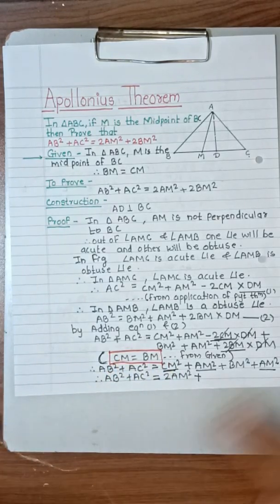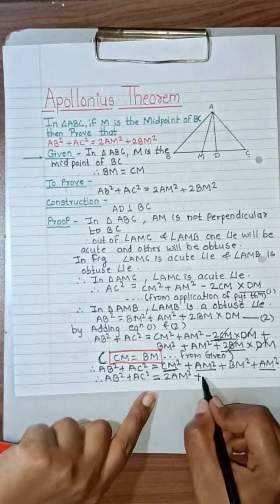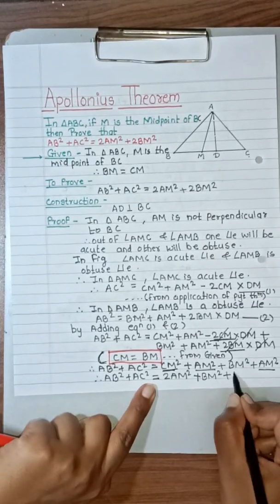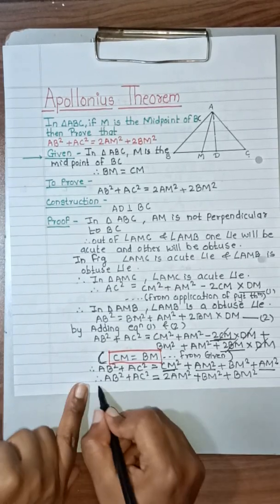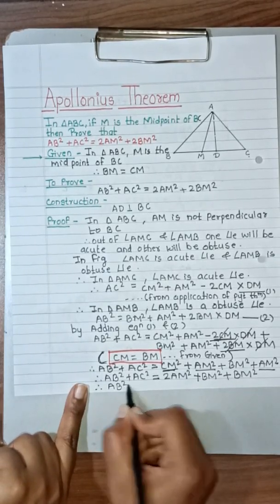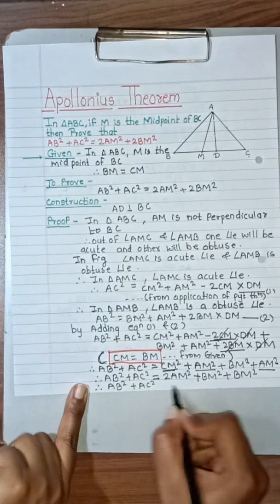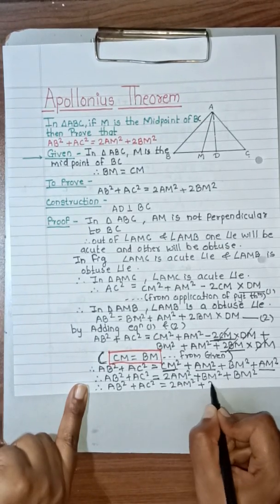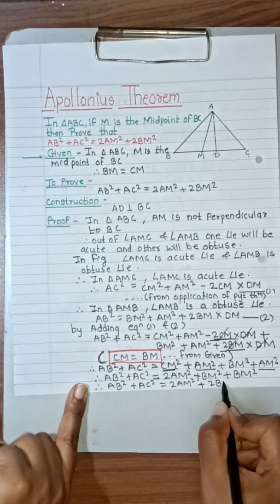That means AB square plus AC square is equal to twice AM square plus twice BM square.